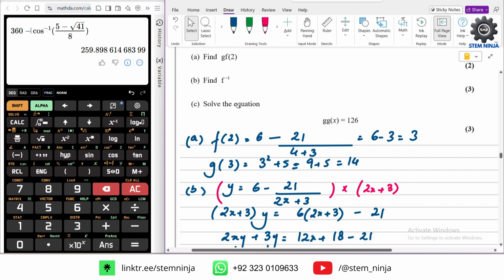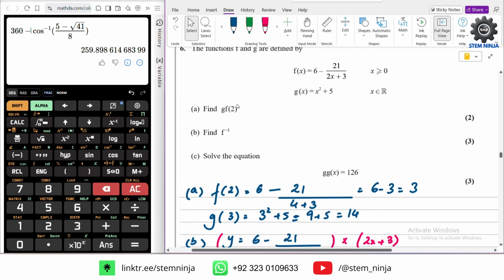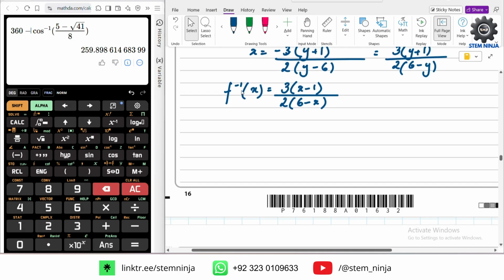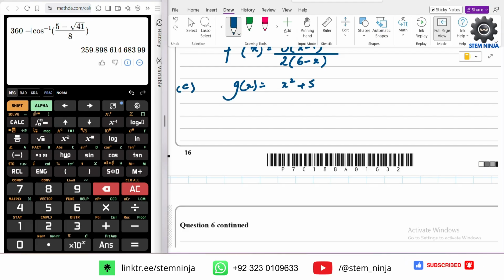Solve the equation gg of x equals 126. Okay. Let's figure out how to do this. So g of x is x squared plus 5. gg of x would be x squared plus 5, whole squared, plus 5.